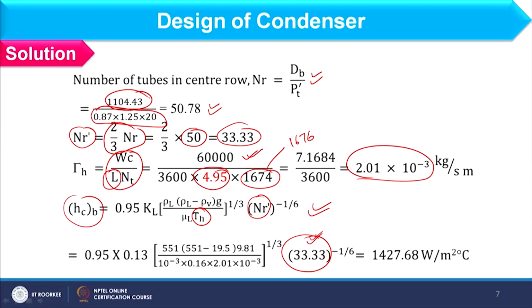However, whatever Nr dash is obtained, the same value you can consider to find the heat transfer coefficient. So, here I have 33.33, and considering all these values in the Nusselt equation, you can find the heat transfer coefficient as 1427.68 watt per meter square degree Celsius, right.